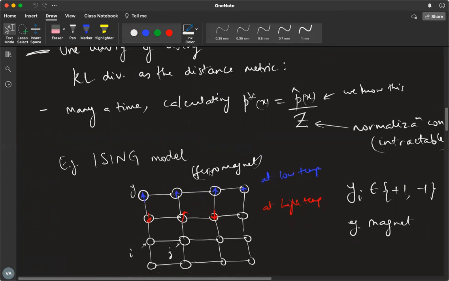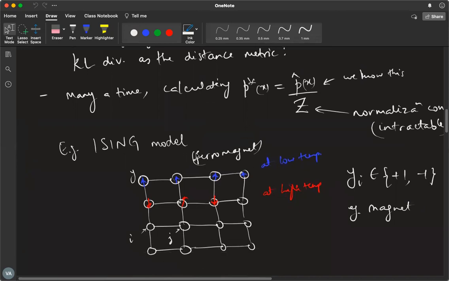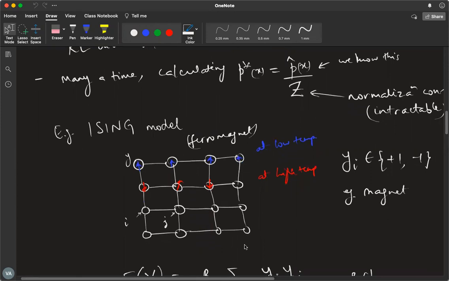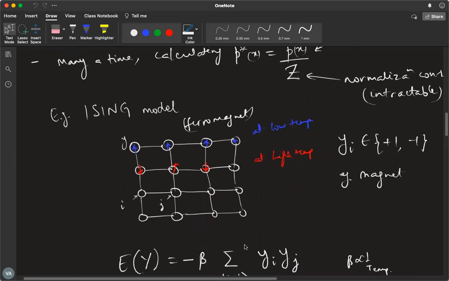So it is like a lattice, or a grid, or a matrix, where each site can have either a +1 value or a -1 value, and it is interacting with the neighboring sites, the immediate neighbors. And the interaction is driven by statistical mechanics equations.